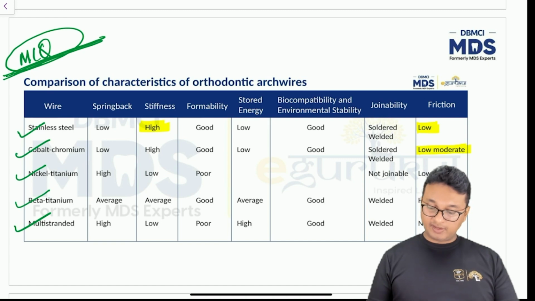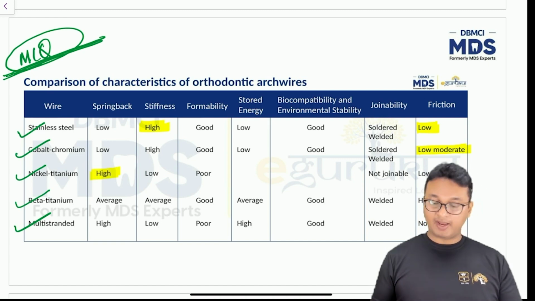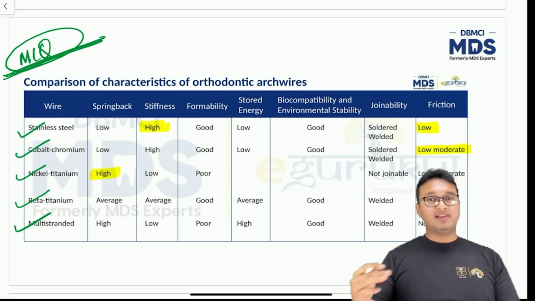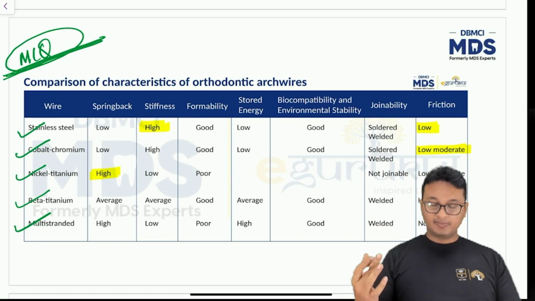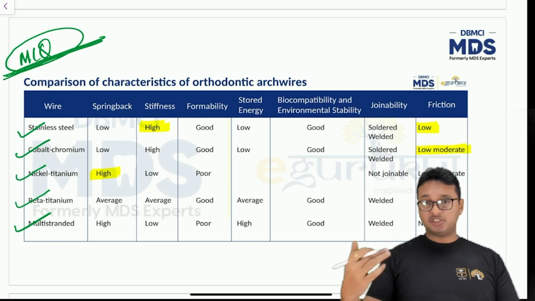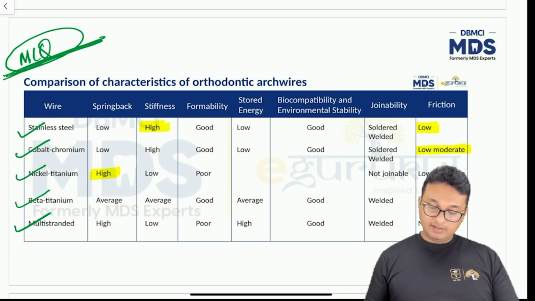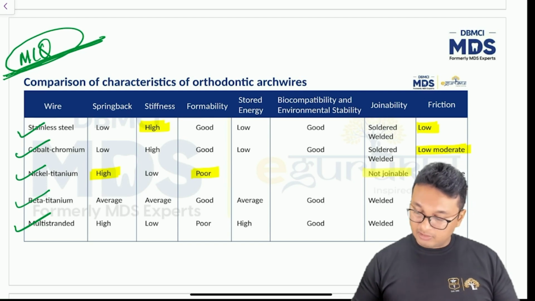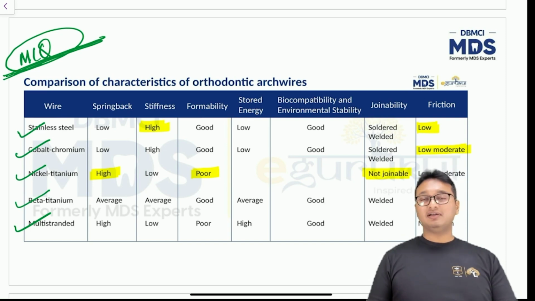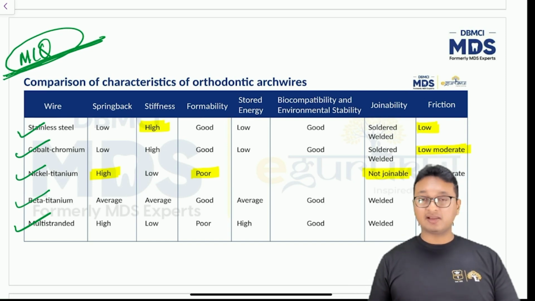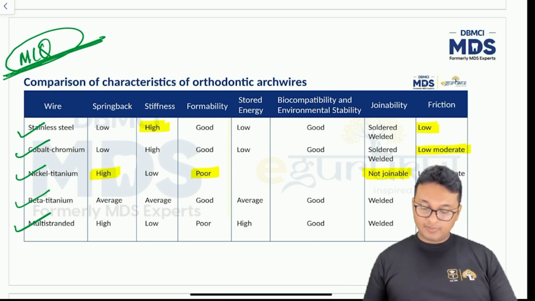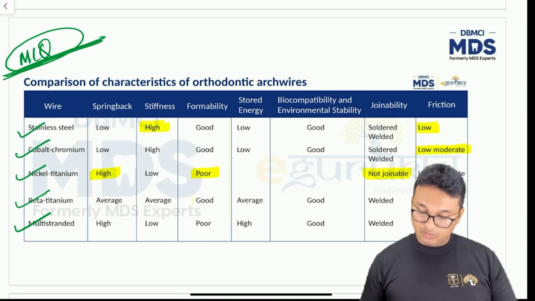In nickel titanium wires, we have very high spring back. Spring back means the flexibility of the wire is very high. I'll be talking about what is shape memory and superelasticity as well. Then it has poor formability, and it is not at all joinable. It cannot be soldered, neither can it be welded. For beta titanium, we have good formability.